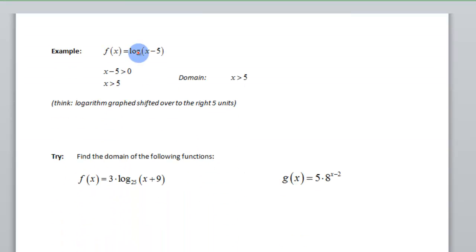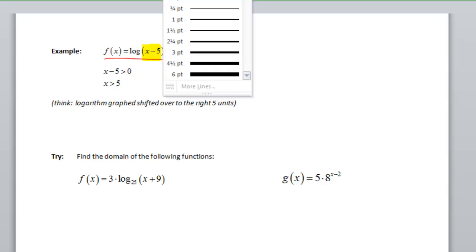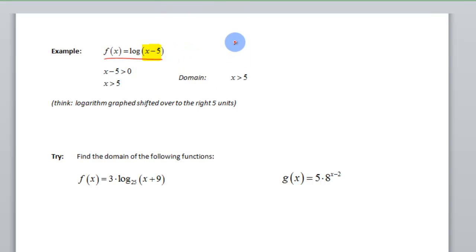So let's look at an example, and then have you try one. If it said find the domain of log base 10 of x minus 5, well, remember, this inside area must always be positive. So x minus 5 must be greater than 0. Can't be equal to 0, must be strictly greater than. Add 5 to both sides, and there we go. X is greater than 5.